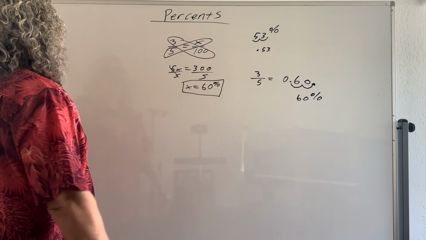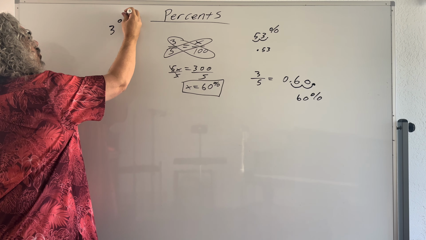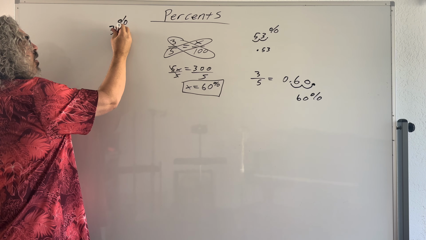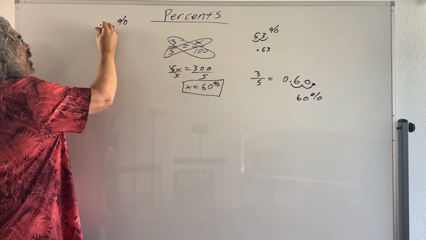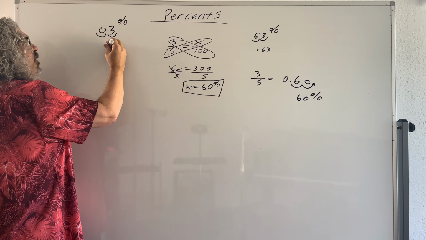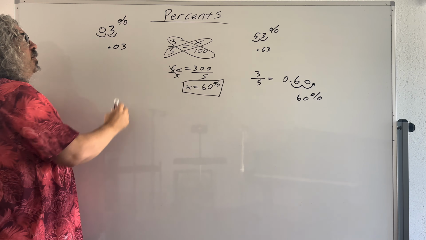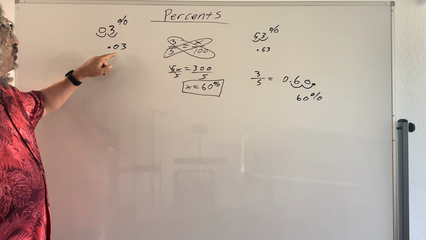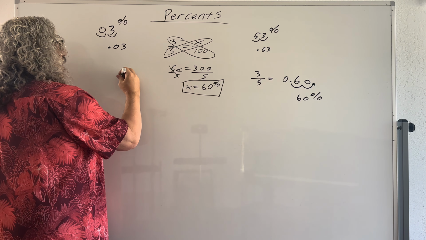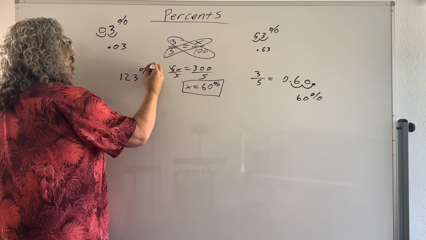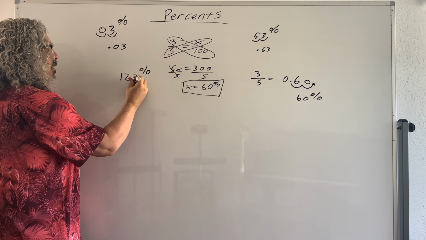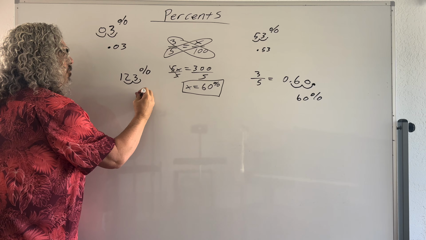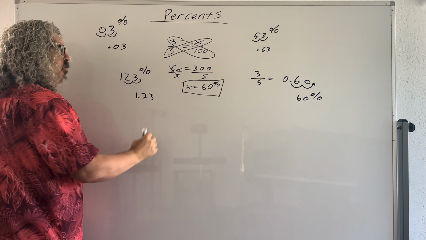So if I want to convert something else, what is 3%? Well, there's a decimal right there. I'm going to go this way, add a placeholder, go another. 0.03 is a number that I have to use when I do the math, okay? If something were 123%, okay, I just go over twice, and the math I would use would be 1.23.